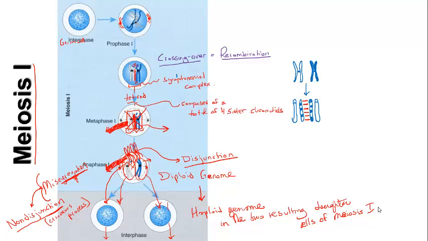Therefore, because you cut the number of chromosomes in half and go from the diploid state to the haploid state, meiosis 1 is often referred to as the reduction division.